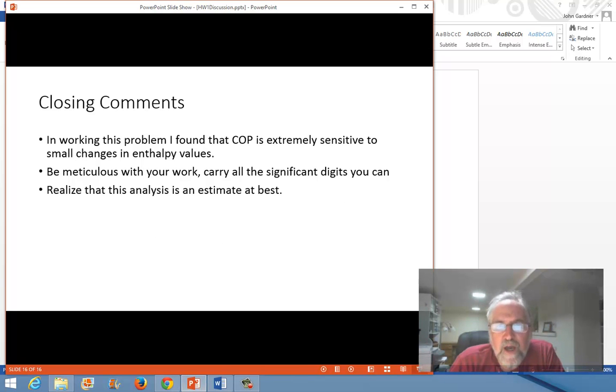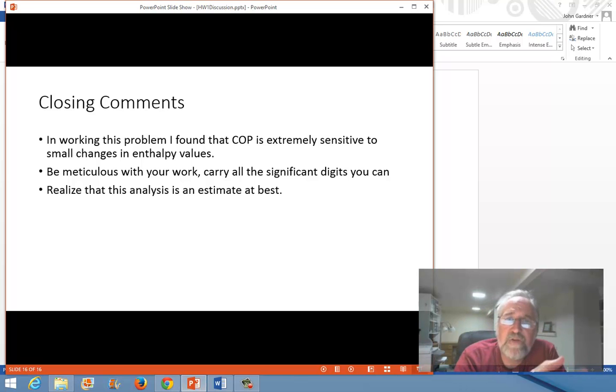So just a few closing comments. In working the problem, I found that COP particularly was really sensitive to h, to the enthalpy values. In fact, I actually did a little sensitivity analysis. I took the equation for COP and took its partial derivative with respect to h1, and then looked at how a delta in h1 affects a change in the COP. And in the range where we're looking at, it was about 0.5.